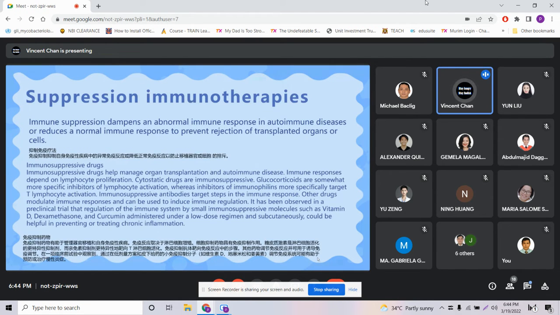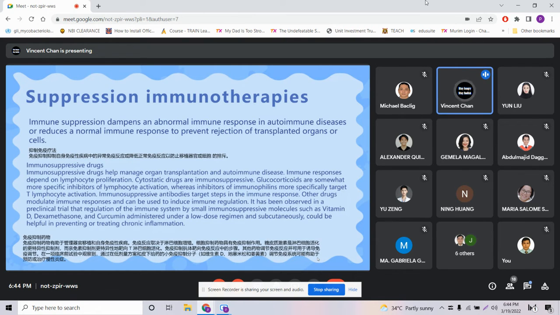Okay, next page is about suppression immunotherapies. Immune suppression dampens an abnormal immune response in autoimmune diseases or reduces normal immune response to prevent rejection of transplanted organs or cells.